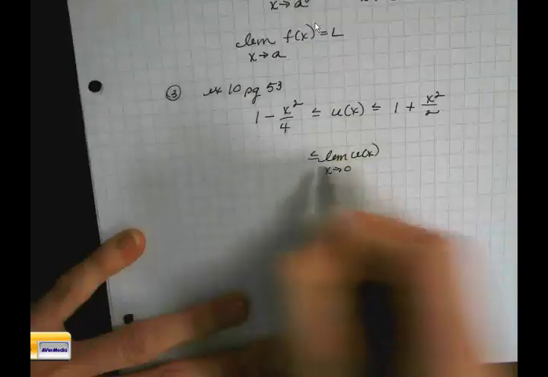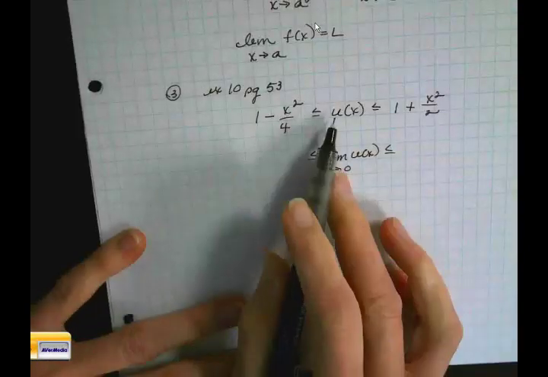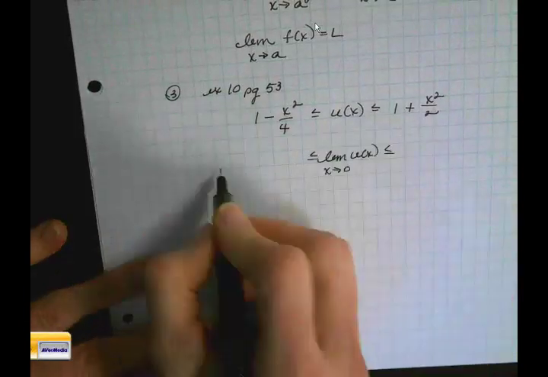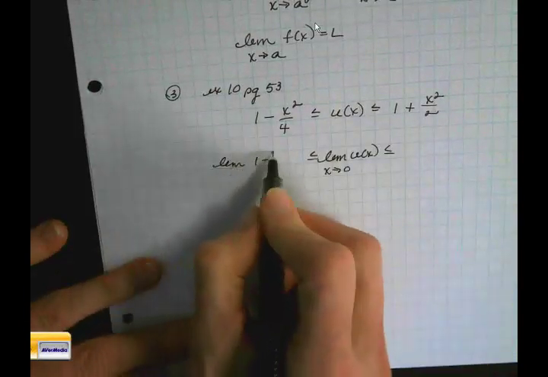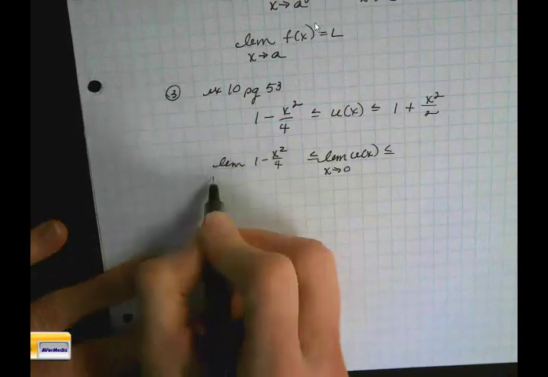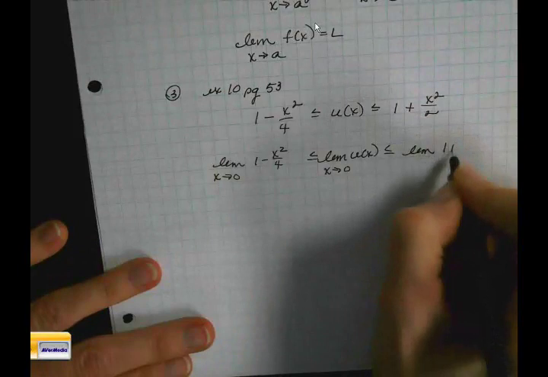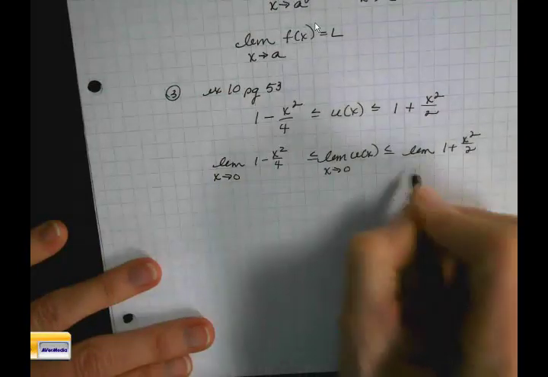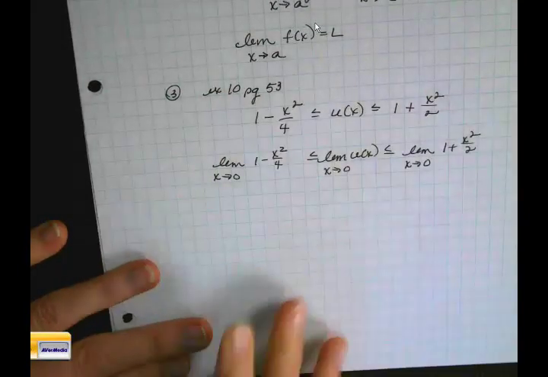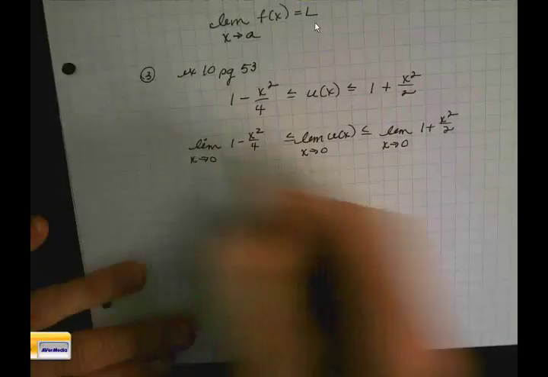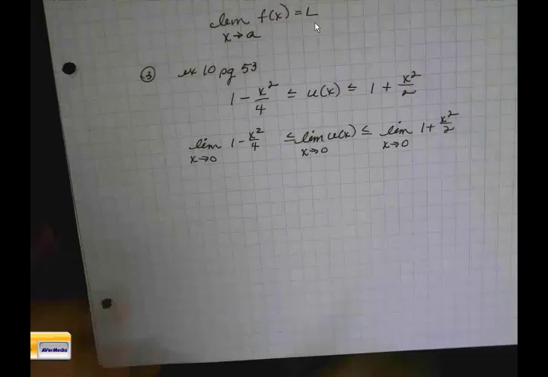Well, stay with this string inequality or this compound inequality. If I take the limit of the middle, I also take the limit of the left and the right. So go ahead now and write this as the limit of 1 minus x squared over 4 as x is approaching 0, and the limit of 1 plus x squared over 2 as x is approaching 0. So you can write the limits in what they call this string inequality or this compound inequality.